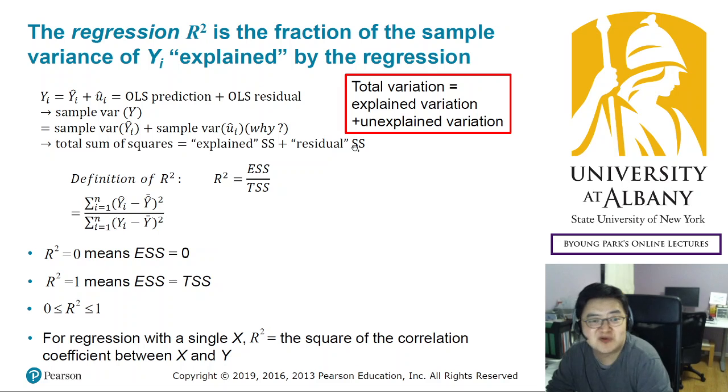Then the problem here is that the sum of squared errors is denoted as SSE, and the regression sum of squares is denoted as SSR. So those two acronyms are switched in different textbooks.